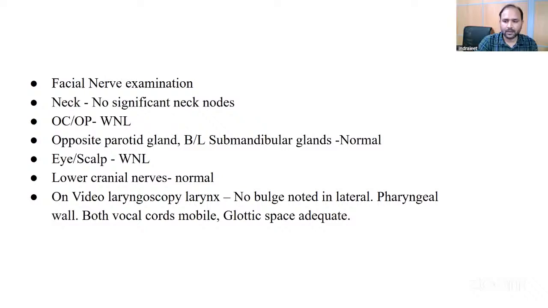Usually it will be suggestive of neoplasm, sir, usually slow-growing neoplasms like pleomorphic adenoma. When it becomes larger, the surface will be lobulated. It's non-tender also. Yes, non-tender. Okay, then can you summarize your findings?